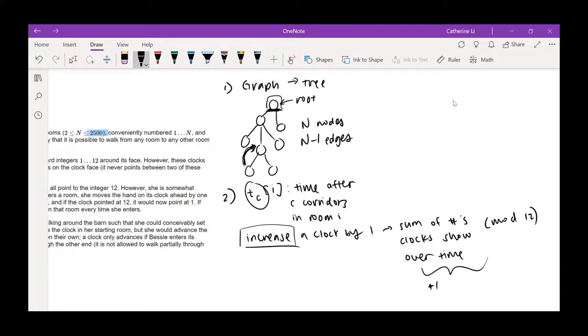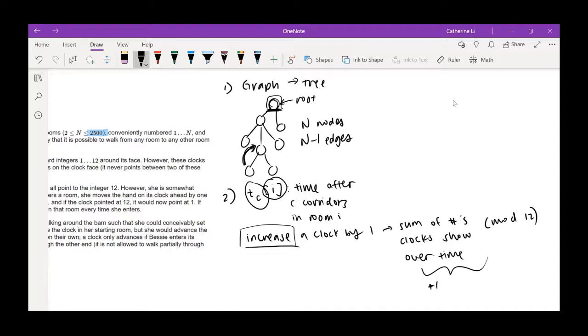But the problem is that this doesn't really give us that much information because, let's say we start at node 1, then we're going to make this the root of our tree. Then the sum of the T_C's over all the rooms I is just going to increase by 1 each time. So we don't really know whether or not we can get to a desirable sum, because we already know exactly what it's going to do, but not that much about the numbers themselves. Hopefully that kind of makes sense.